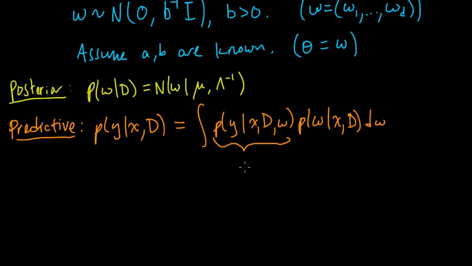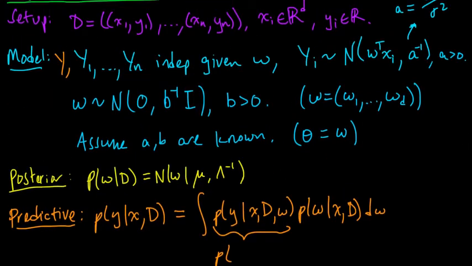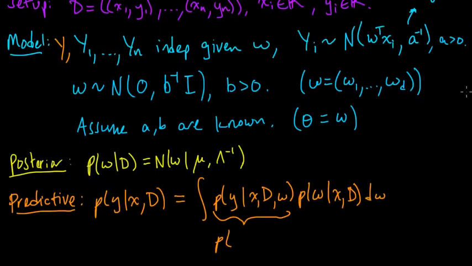So this equals, so the y is conditionally independent of all the other y's given w. That was part of our model. So this equals the probability of y given x and w, not given the data. And for the same reason, since x is not random, there's no capital X corresponding to this little x.